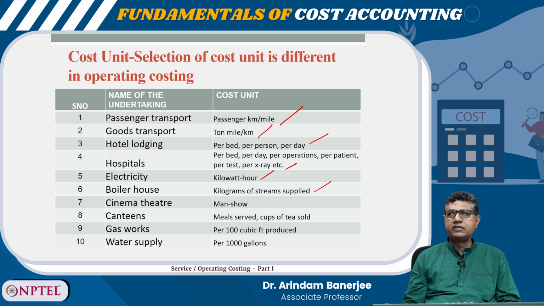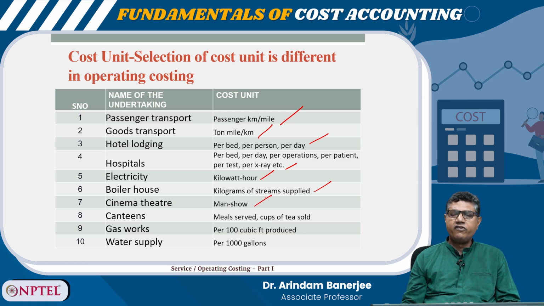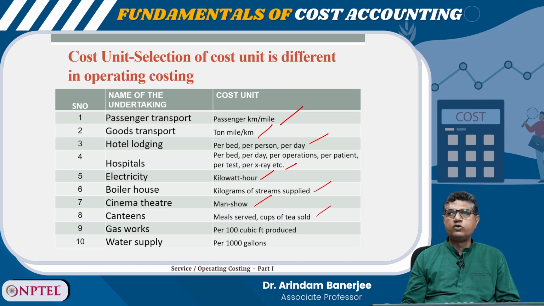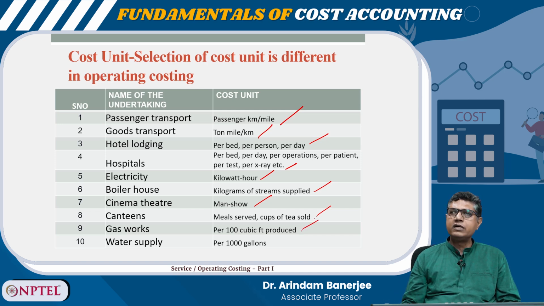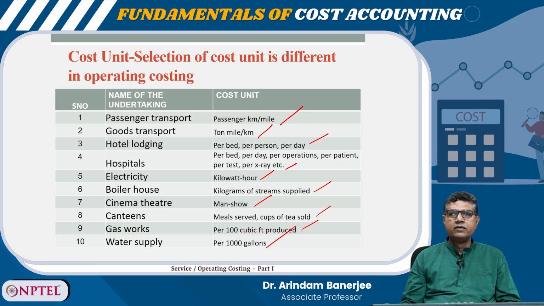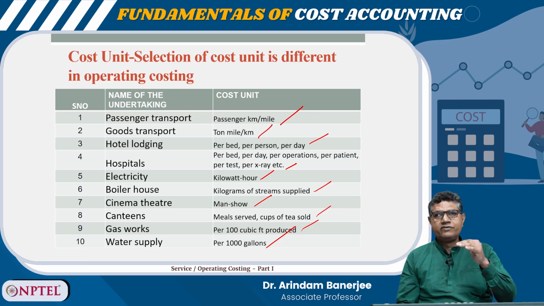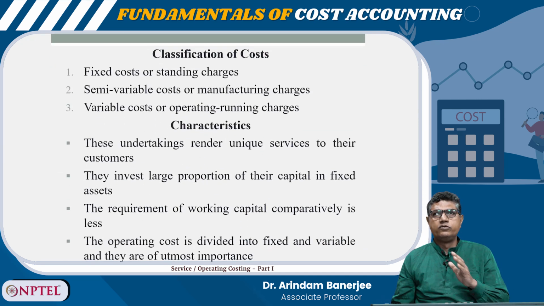For a cinema movie theater, it can be per man show. For canteens, it can be meals served or cups of tea sold. For gas works, it can be per 100 cubic feet produced, and for water supply it may be per 1000 gallons. So, you see, in each case the cost unit varies according to the nature of the business.